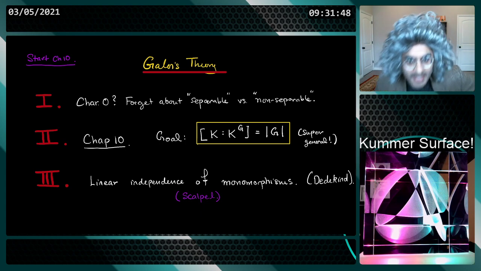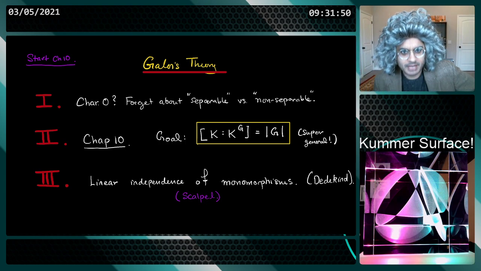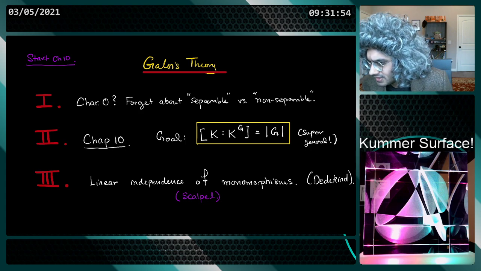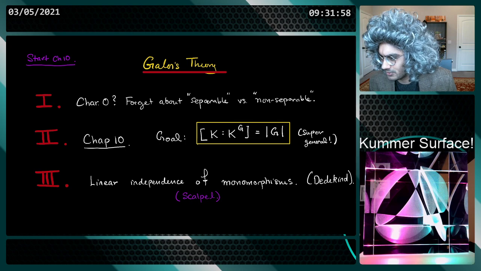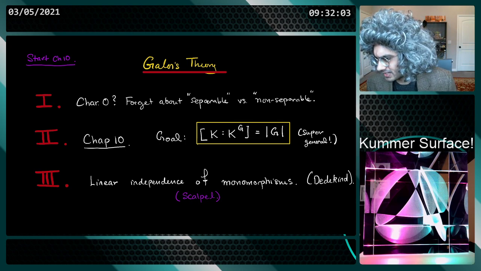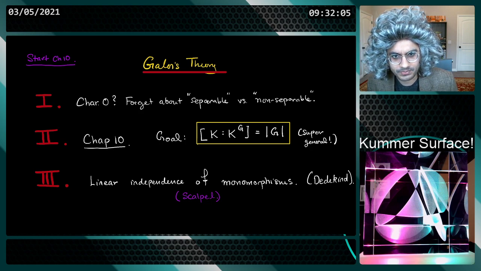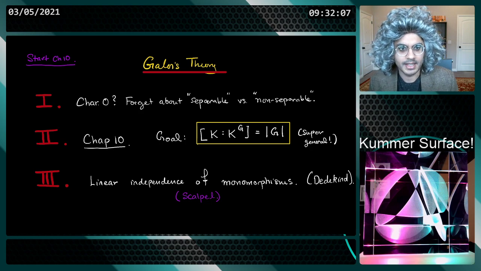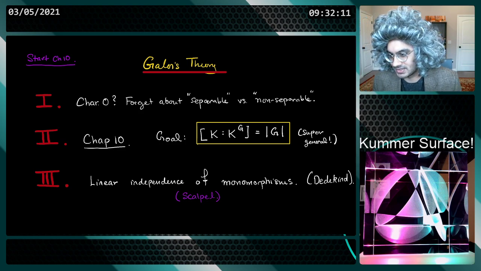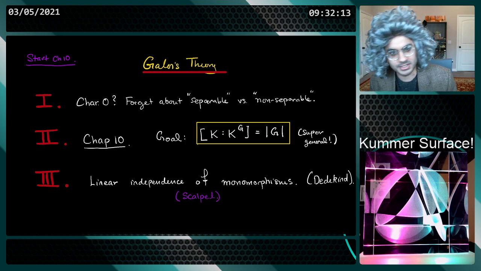Okay? First I'll begin by telling you that separability is not going to play a big role when you have a characteristic 0 field. That's going to be quite clear. So it's not really going to affect us much in this class. It's also not going to affect us when we talk about finite fields.